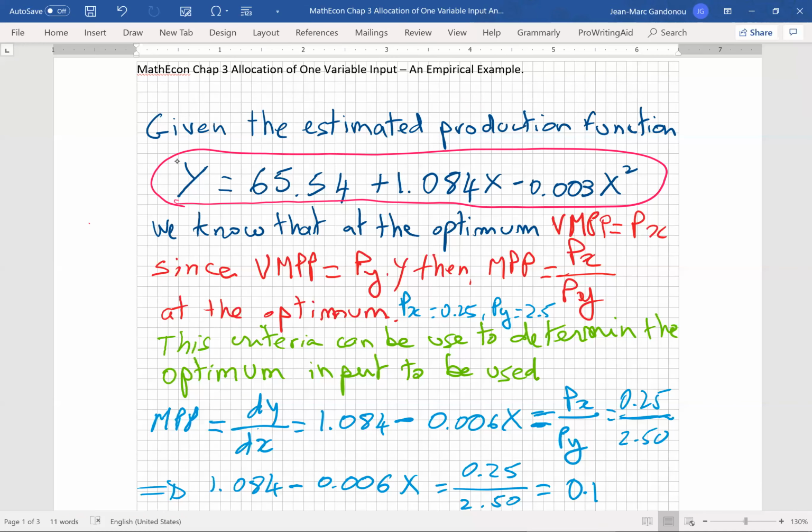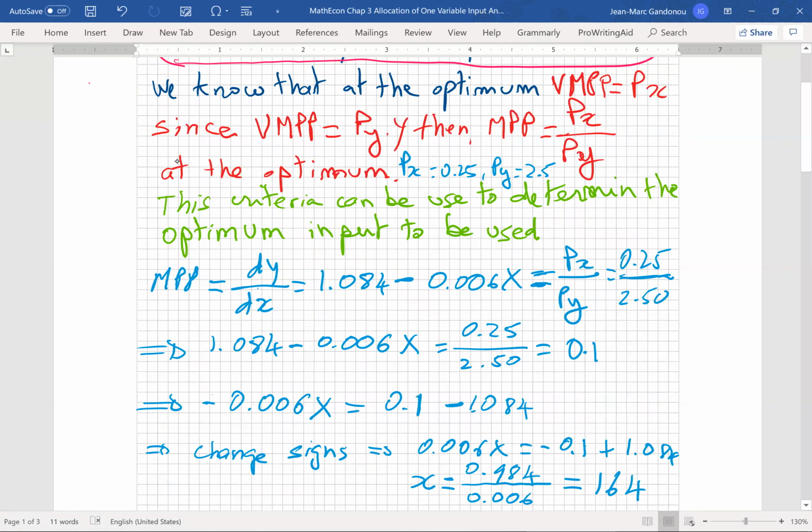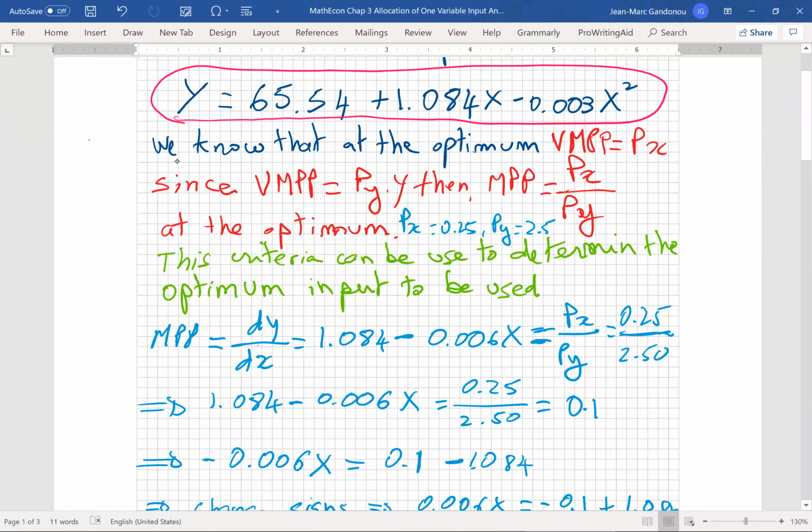So if a question is asked, what is the optimum input that will be needed to maximize production, because we only have production here, the key equation is this one, where value marginal product equals price, okay?